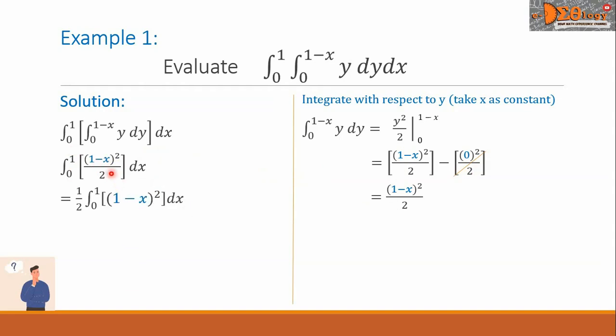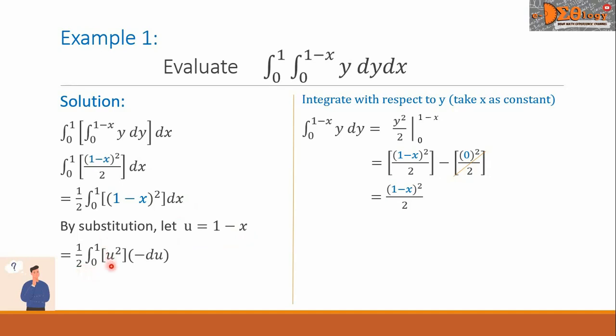We can simplify further by moving the constant 2 outside, or we say 1/2 comes out, and it becomes like this. Now we are ready to do integration. By substitution, we let u equals 1 minus x.